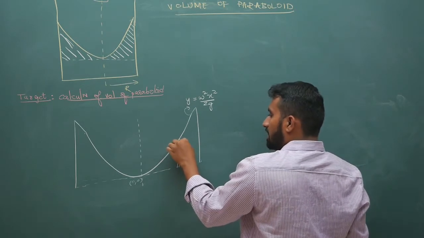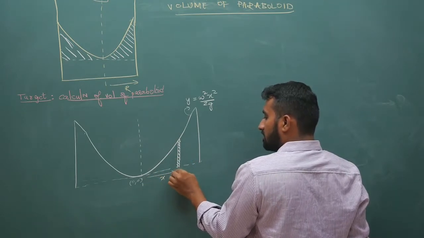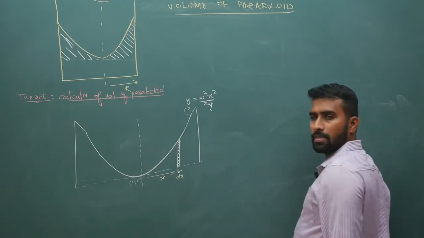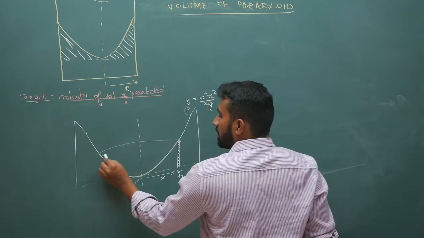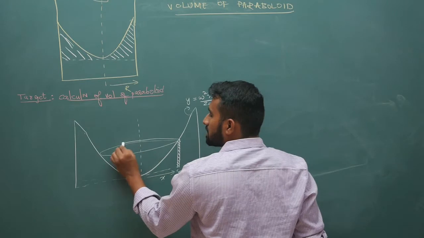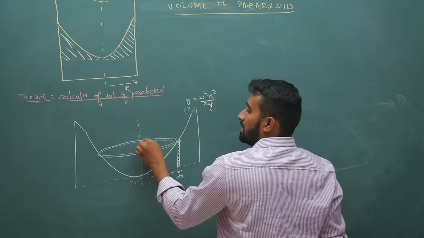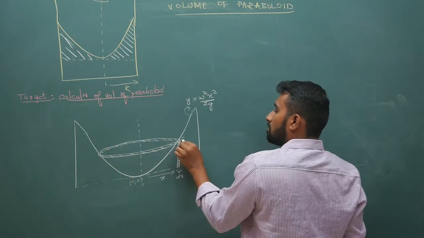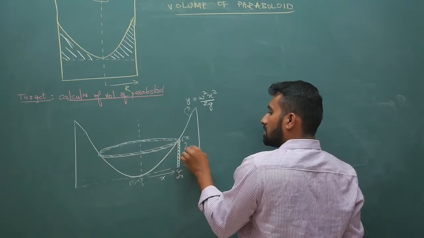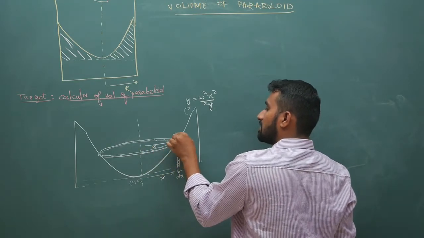Now if I take a small strip here at a distance x with width dx, in three-dimensional space it will be a cylindrical strip like this, whose height is y, this distance is x, and width is dx.